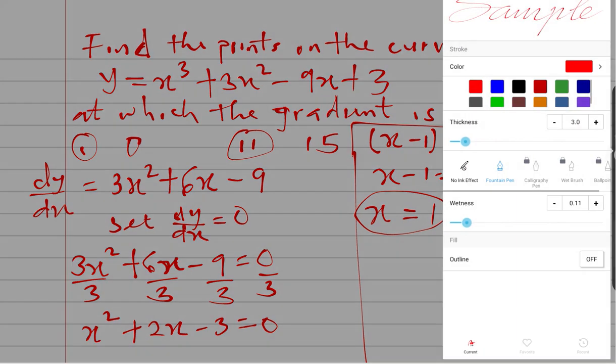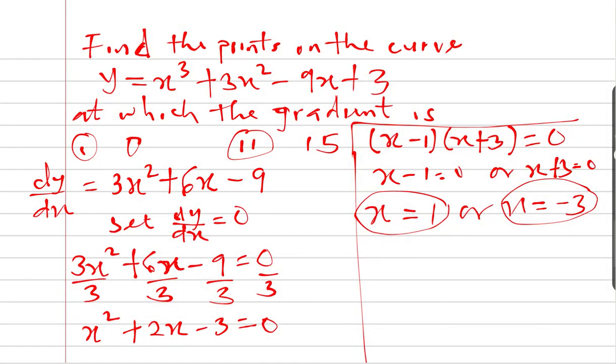Now you are going to come back to the question. Anywhere you now see x, you now put 1. So y equals x raised to power 3, which becomes 1 raised to power 3, plus 3 into 1 raised to power 2, minus 9 into 1, plus 3.